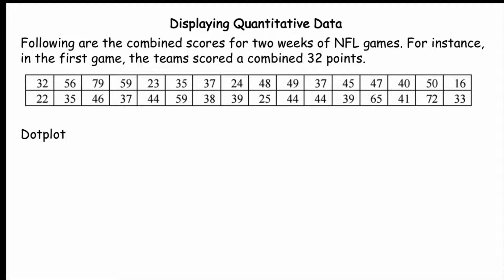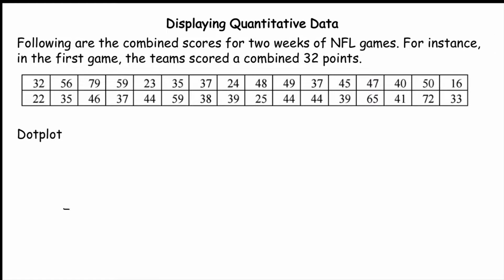Now, we don't have to go by ones, 16, 17, 18. That would take too long. We could go by 2s, 3s, 5s, or 10s. Really doesn't matter. There's no one right answer. So let's create a line.